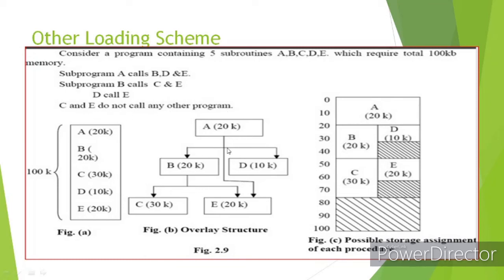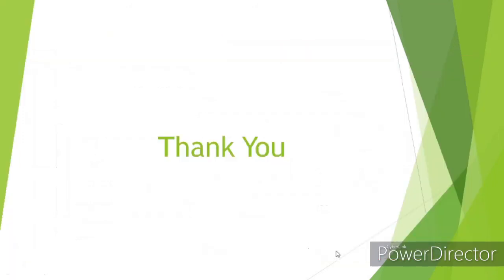This is figure A, and this is figure B, which is the overlay structure. Here A calls B and D, then B calls C and E, and D calls E. As per the calling routine, you can place the subroutines in the main memory. So this is a possible storage assignment for each program.